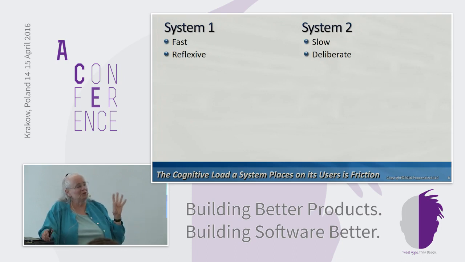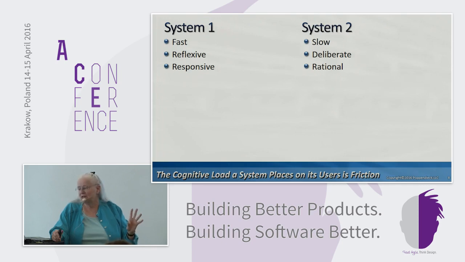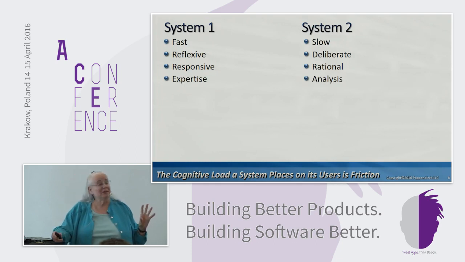But with system 2, you do things deliberately. You think first. System 1 is very responsive to whatever the situation is. System 2 is very rational. Weigh all the odds. System 1 is about, interestingly enough, expertise. Because experts know instinctively what the right thing in their field is to do.